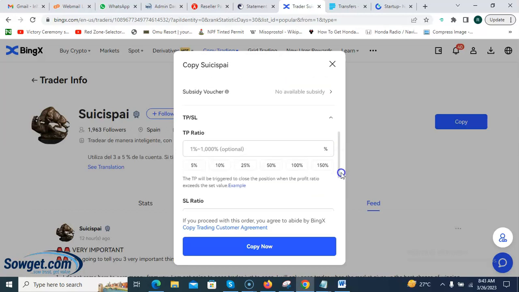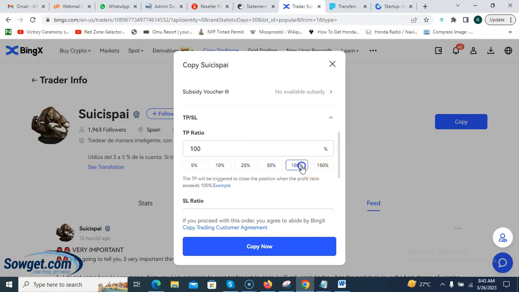You can see that the first field here is the TP ratio. If you want to set your TP, you can simply select 50%. What this simply means is that if the trade is already in a profit of 50% of your margin, remember our margin was 10 USDT, meaning we have made $5 on that, and you set 50% as your take profit, then the trade will be automatically closed once our 50% profit is achieved.